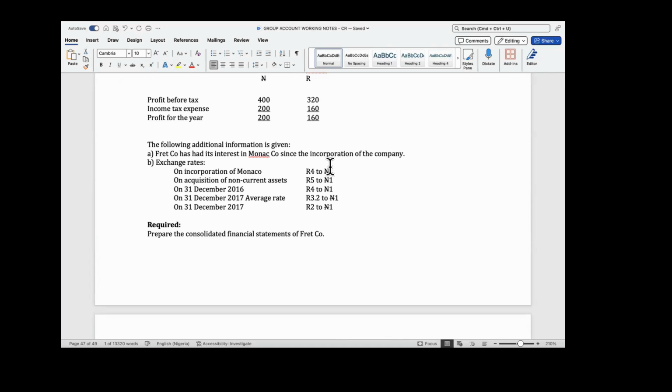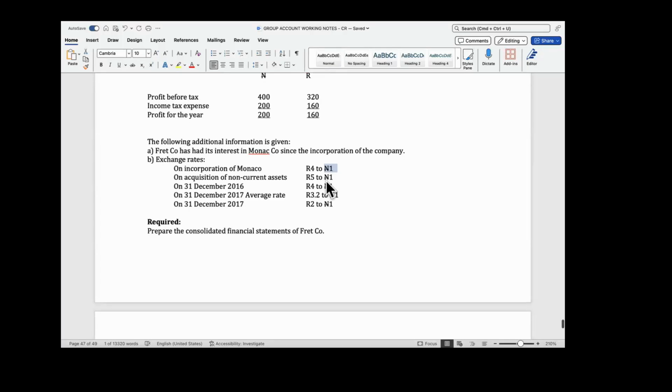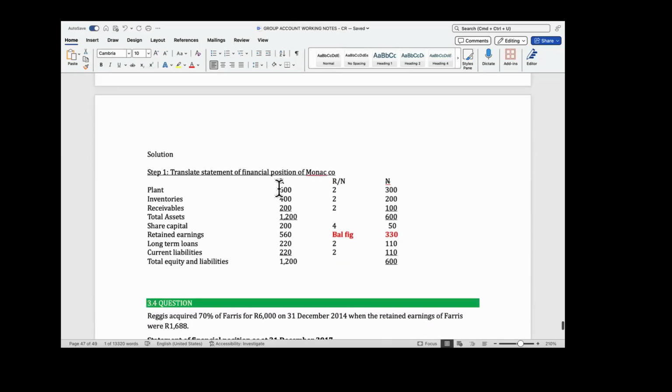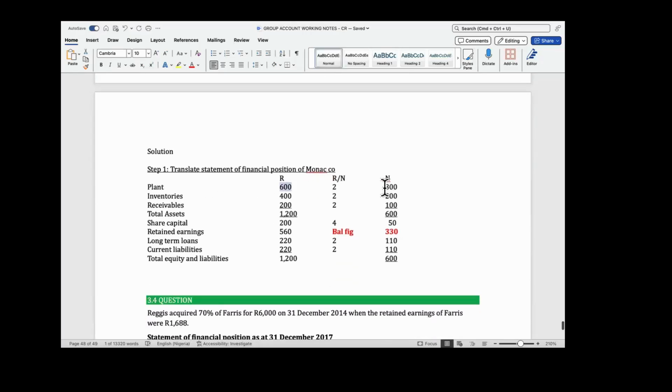He looked at it and he saw that Naira has more value because the examiner already gave us the rate of exchange that 4 rand is equivalent to 1 Naira. So Naira clearly has more value. So when you want to translate to Naira, you divide. If Naira has more value, so that means 600 rand here is only 300 Naira.